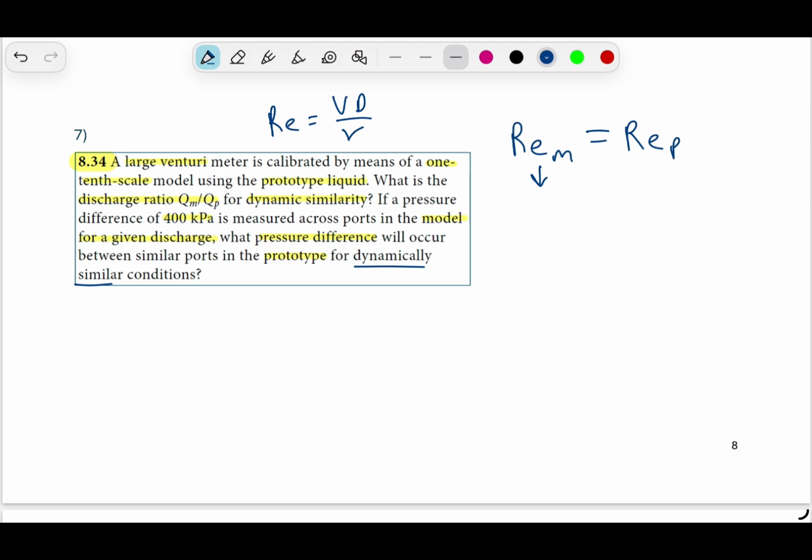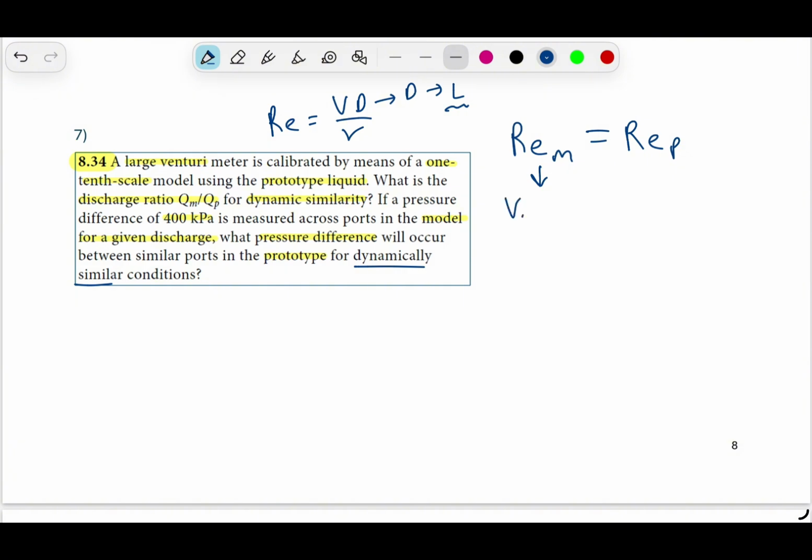So here, instead of using D, we can also use L to represent the length or the dimension or the size, because both model and prototype are geometrically similar, so that we can directly use to make these calculations easier. You will better understand why I'm using L in next steps.